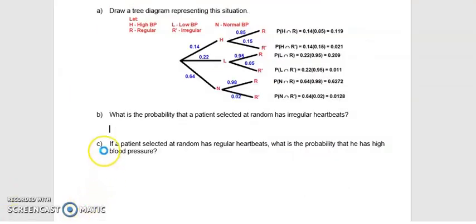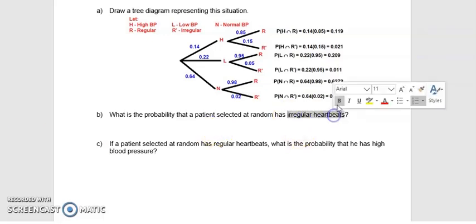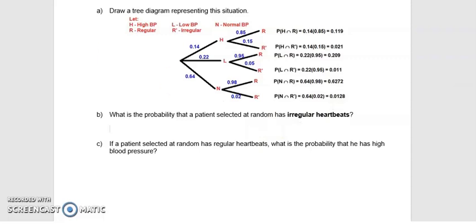Now look at question B. What is the probability that a patient selected at random has irregular heartbeats? So we want to find the probability of patients with irregular heartbeat.